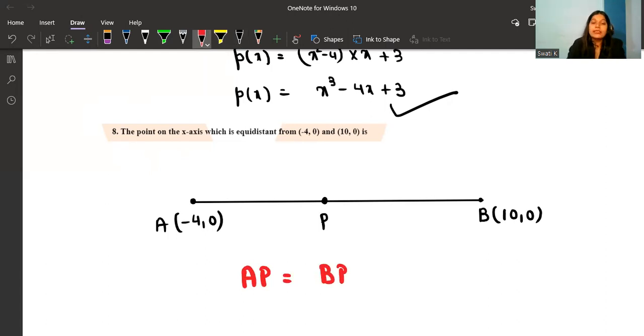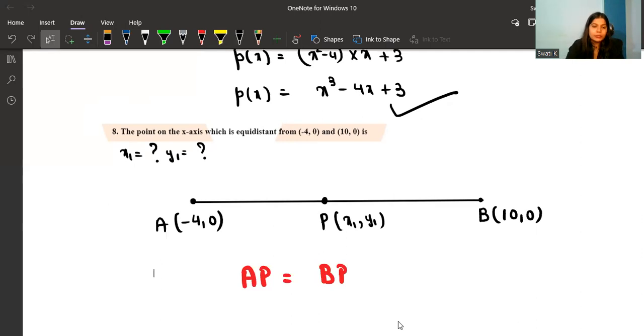Now, what is the length of AP? Using the distance formula, we can find out. Do we know the coordinate of P? We don't know. So let us take the coordinate of P to be (x1, y1). If we get the value of x1 and y1, we are done. That is what we have to find out. Now, what is AP?